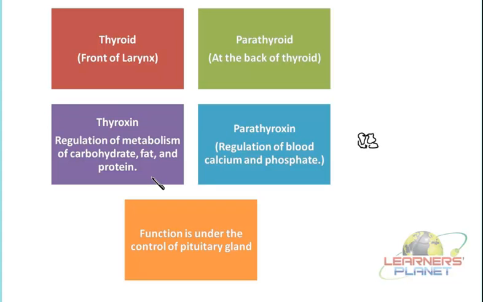Goiter is a disease because of the malfunctioning of this hormone and is usually because of iodine deficiency. This is the reason the government has set norms that a certain amount of iodine should be supplied everywhere, and nowadays it is included in normal table salt also. This is how the cases have been minimized.